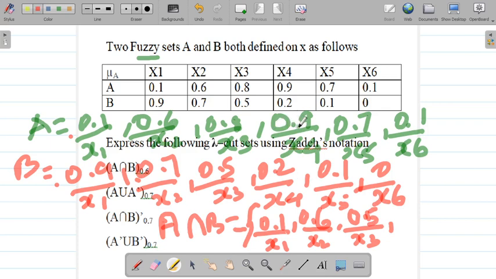Then here 0.9, here 0.2. Which one is minimum? 0.2. So next 0.7, 0.1. Which one is minimum? 0.1.